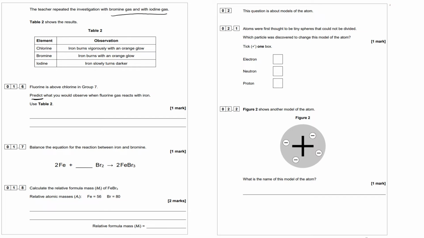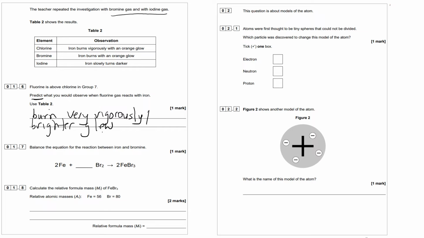What you're going to predict is that if it's above, it's going to be more reactive, so it's going to burn very vigorously for 1 mark. Or you could just say a brighter glow.